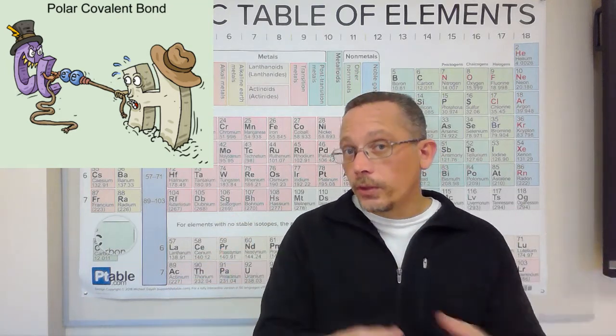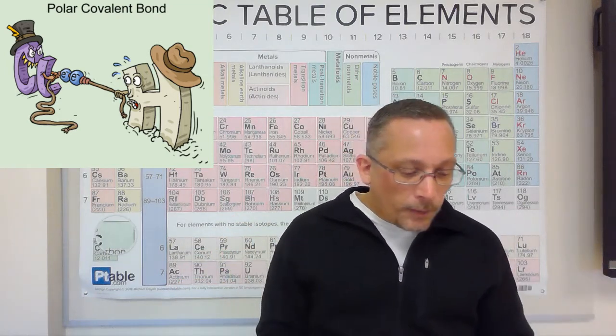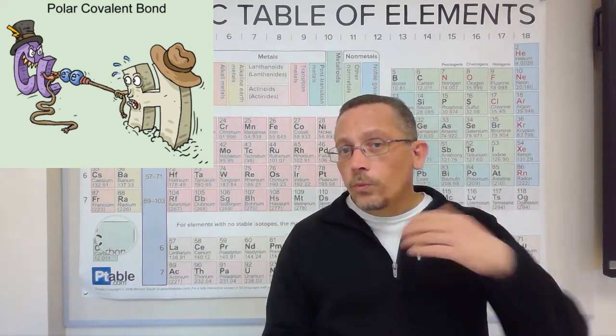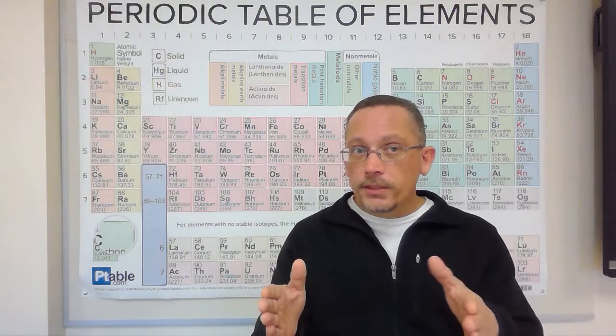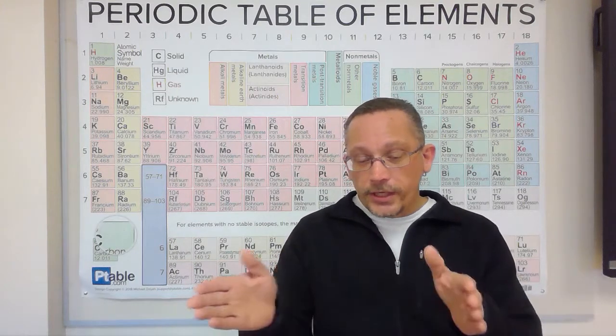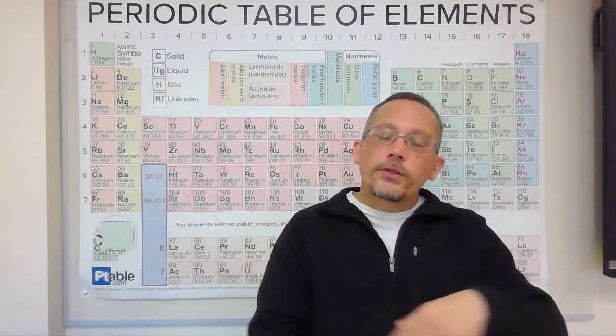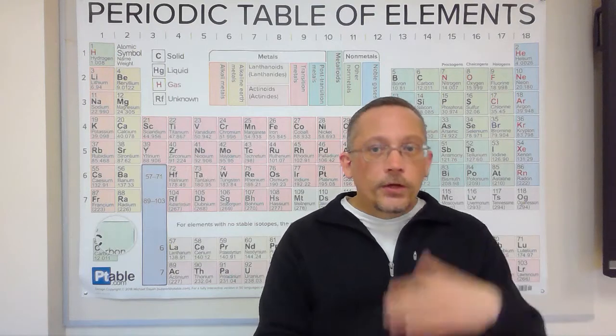They'll be shared closer to the chlorine. When this happens, we call this a polar covalent bond. Polar means it's not the same on both sides. It's different on one side than the other. And so when the electrons are shared unevenly, closer to the more electronegative atom, we call it a polar covalent bond.